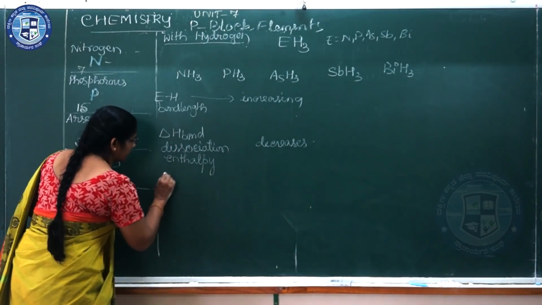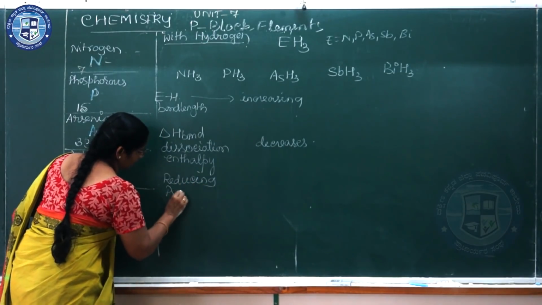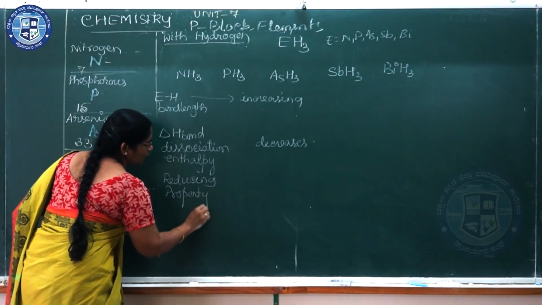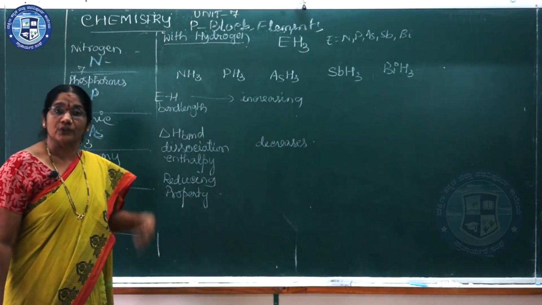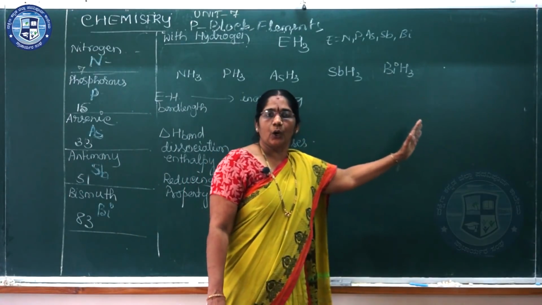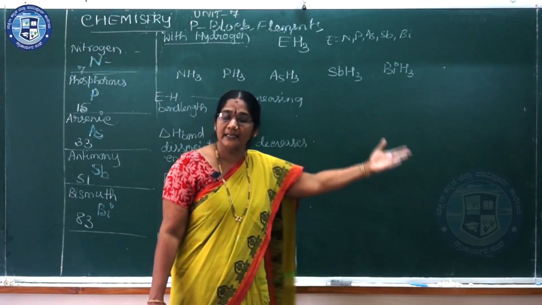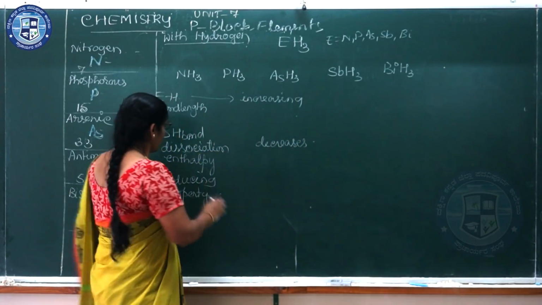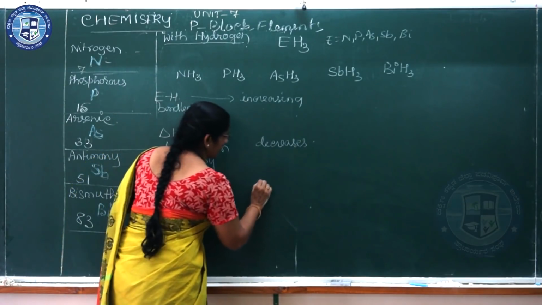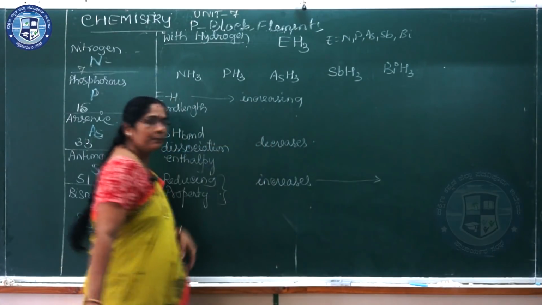And due to this, the reducing character, that is the ability to provide hydrogen for a reduction, goes on increasing, because the hydrogen-donating capacity of these elements increases as the bond becomes weaker. Therefore reducing character increases from ammonia to bismuthine.